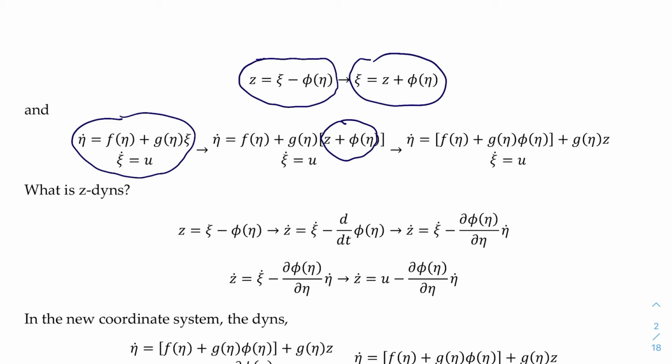We are just trying to map our problem. At the start we had xi and eta, right? So we did some change of variables, like a Fourier transform, for example. I mean, like a transform, right?